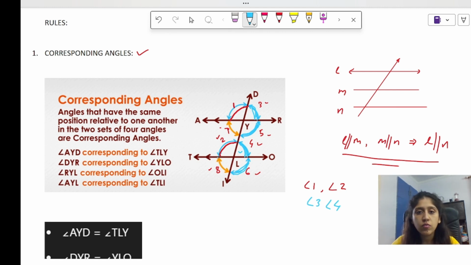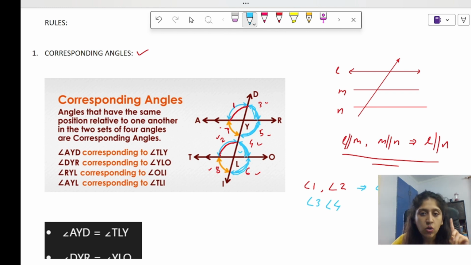Now, what is the rule for corresponding? रूल क्या है corresponding angles? If 1 and 2 are corresponding angles, the rule says that angle 1 and angle 2 will be equal. This is just a rule. There is no proof. Only rule. आपको rule याद रखना है for solving questions. क्या rule है? All the corresponding angle pairs, ठीक है?